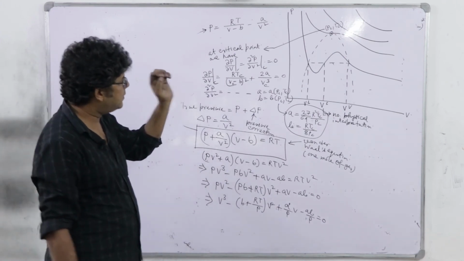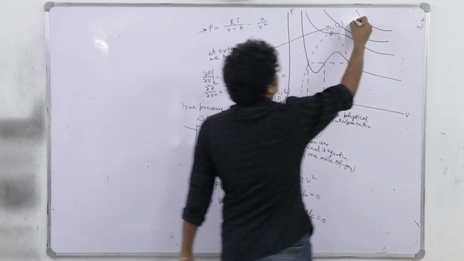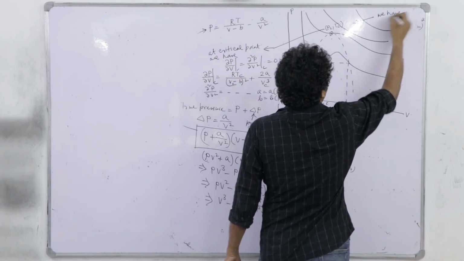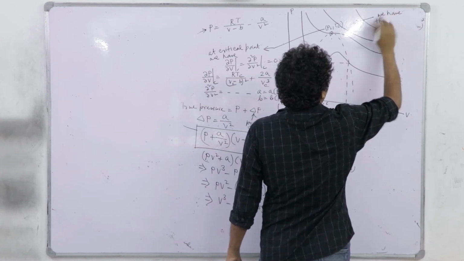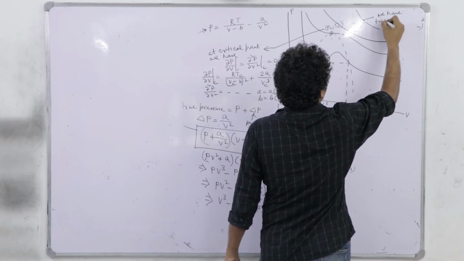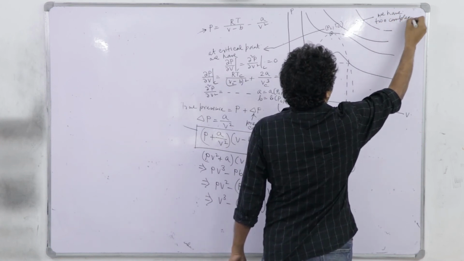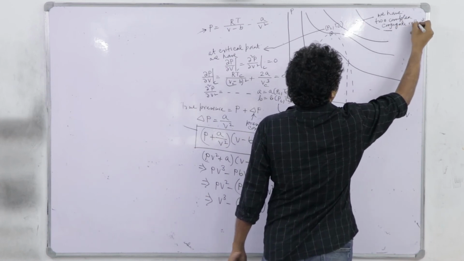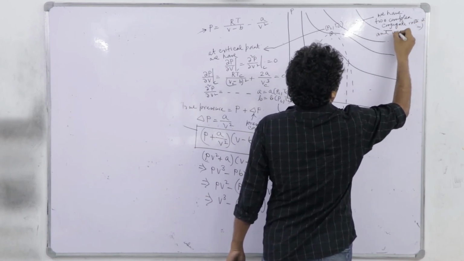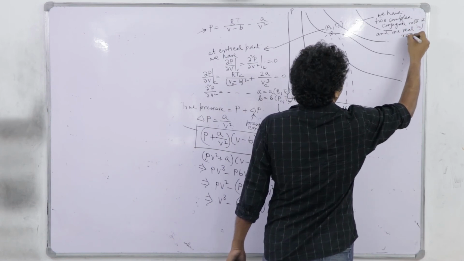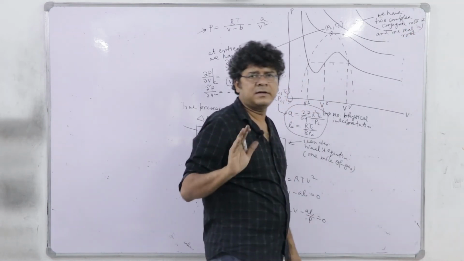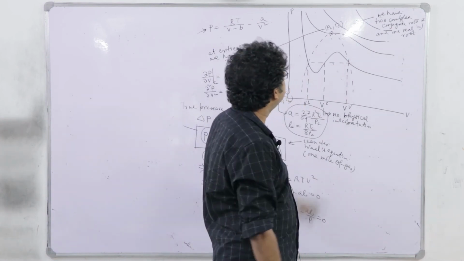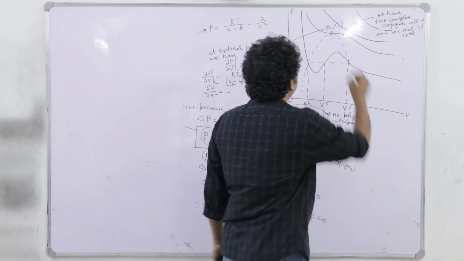Now, the point is, above the critical point we have 2 complex conjugate roots and 1 real root. Right, a complex conjugate has got no physical meaning. So, the real root is the solution.